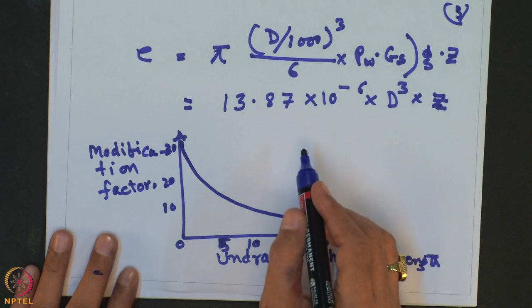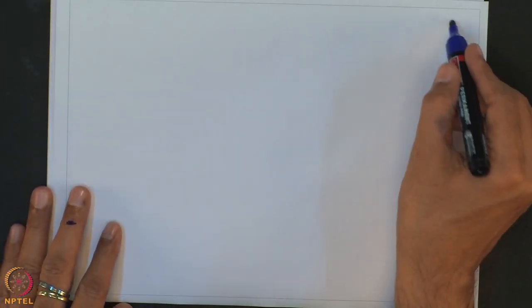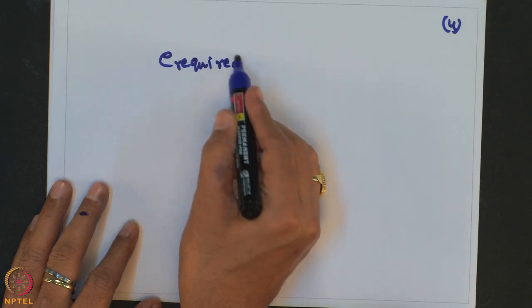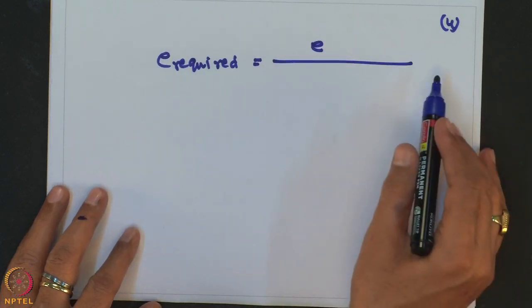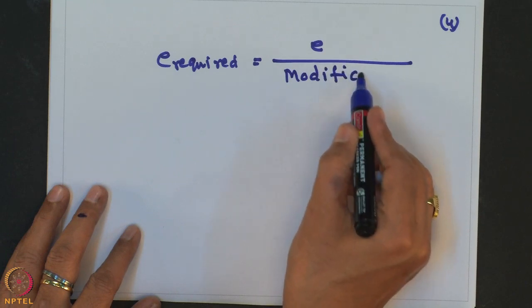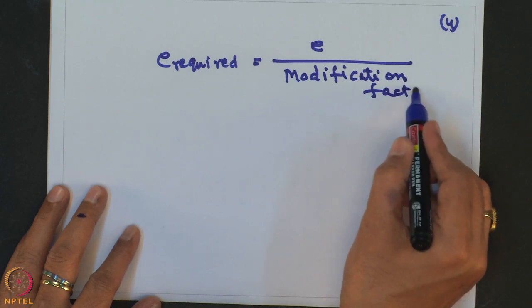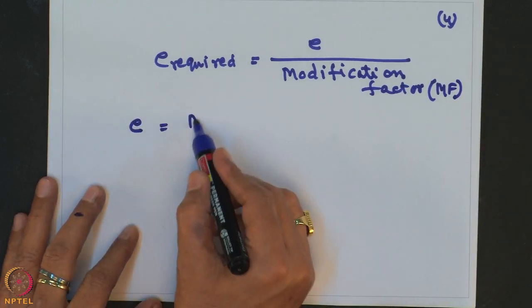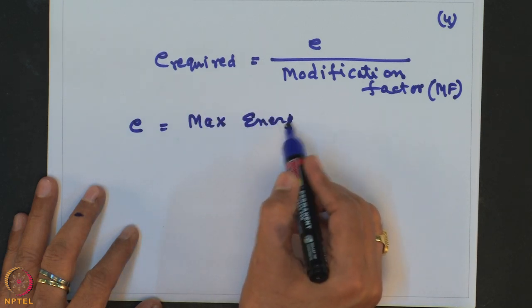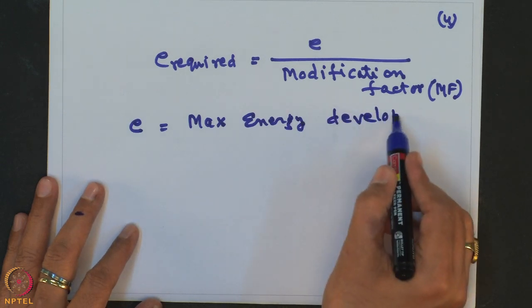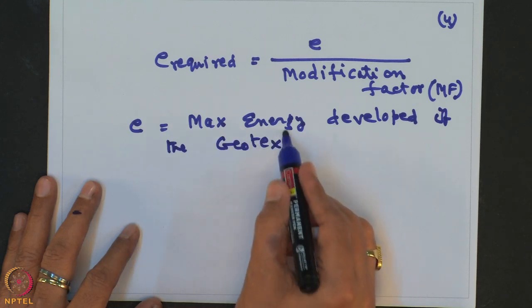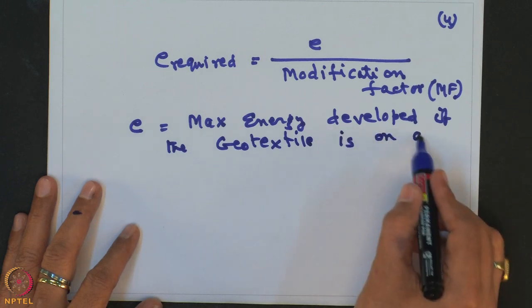So, you know what E is. We can write that E required is equal to E divided by the modification factor, which is designated by MF. Here E is the maximum energy developed if the geotextile is on a hard surface.